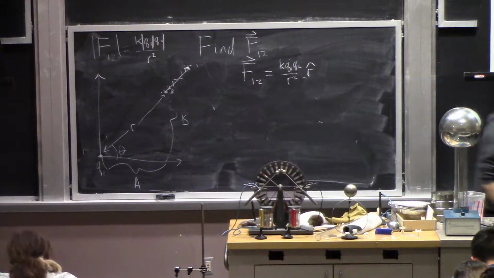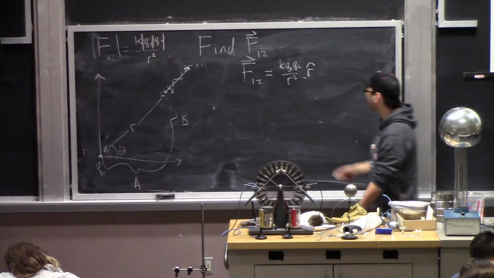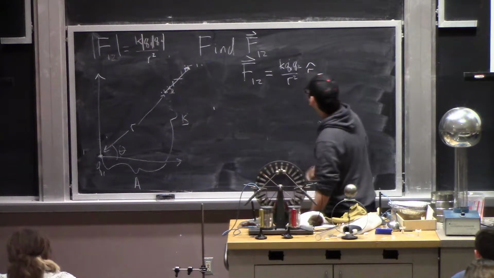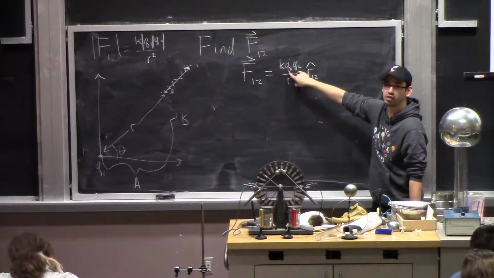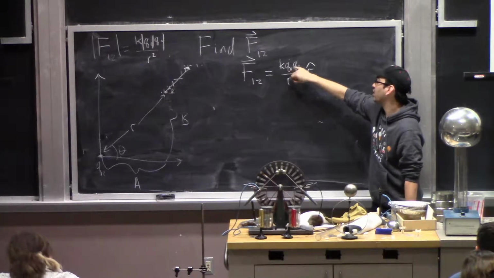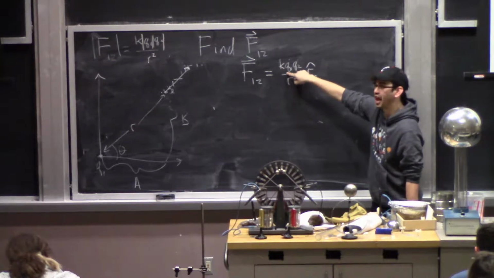Now you'll see a difference between this equation and the first equation that I wrote in two ways. The first way is that now I don't have absolute values on these charges. So when I plug in the charges, if I have a negative charge, I plug in a negative charge here.